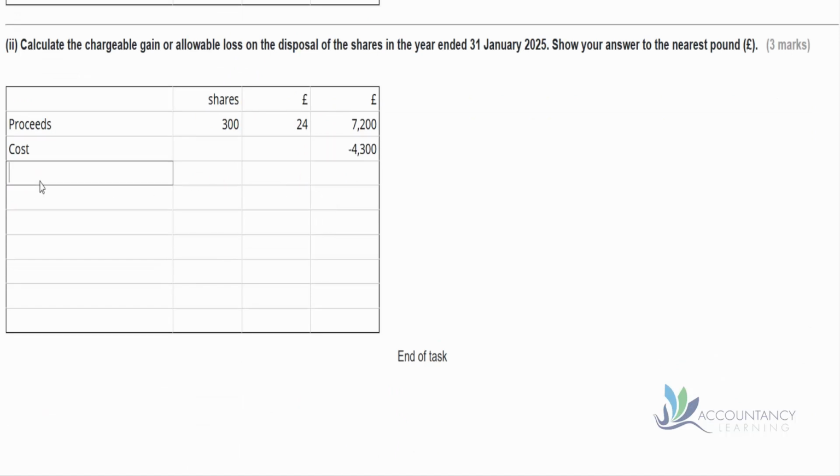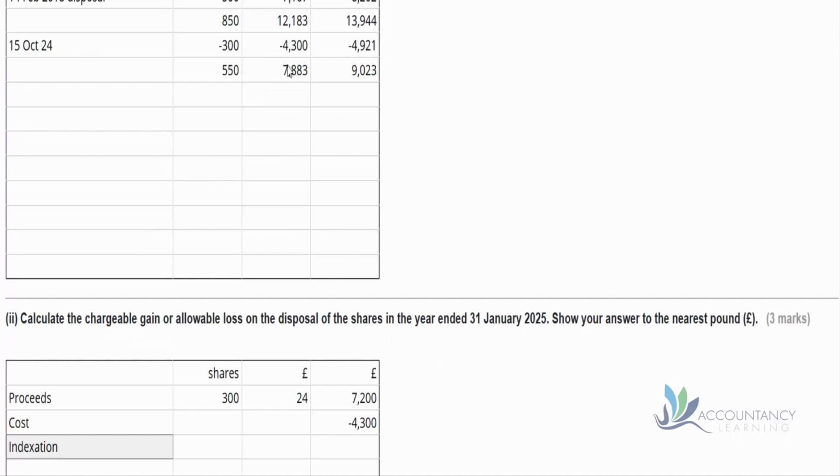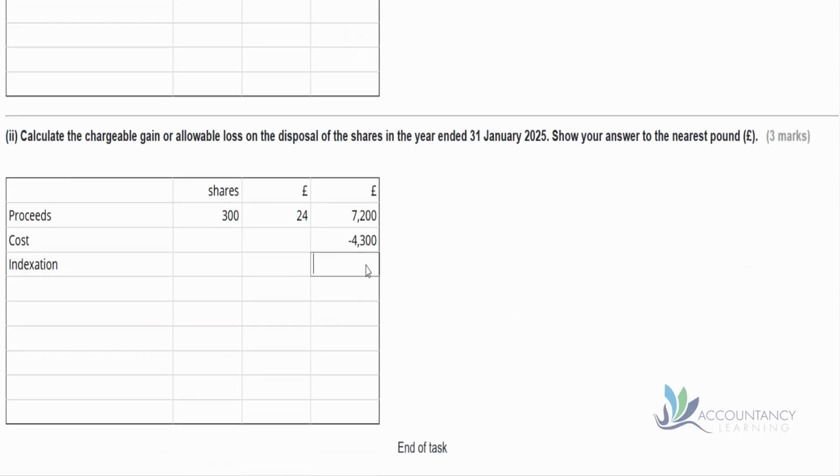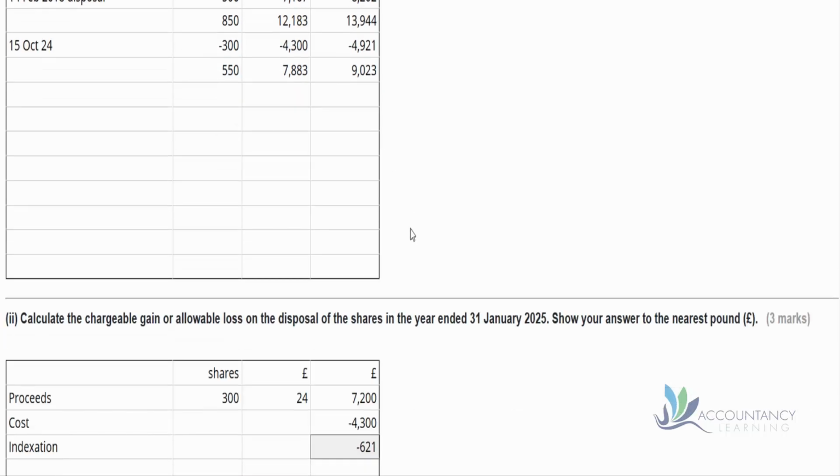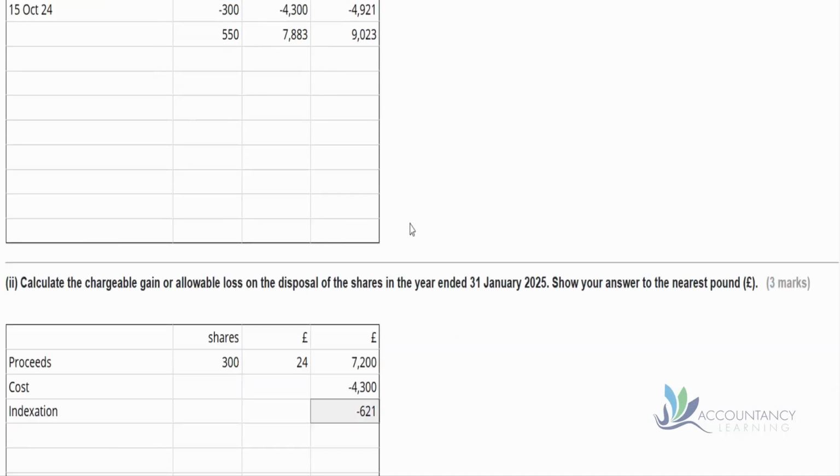But remember, we can remove also our indexation. So we've got 4,300 is the bare cost, so there's a further 621 of indexation. Now, why am I doing this separately? Why don't I just include the full 4,921? Because remember, indexation cannot create a loss or make a loss bigger.